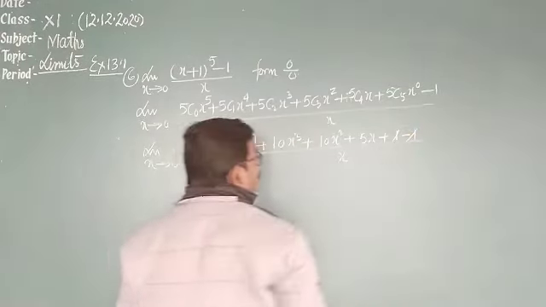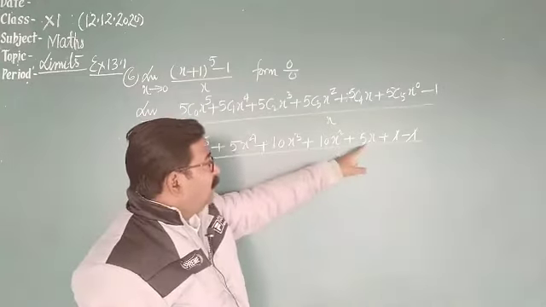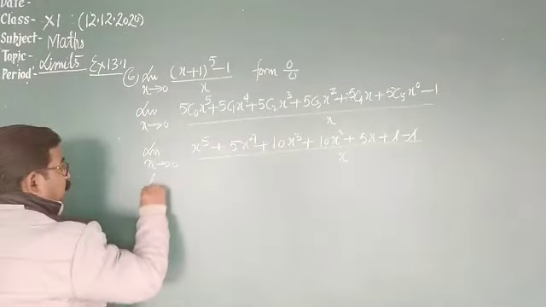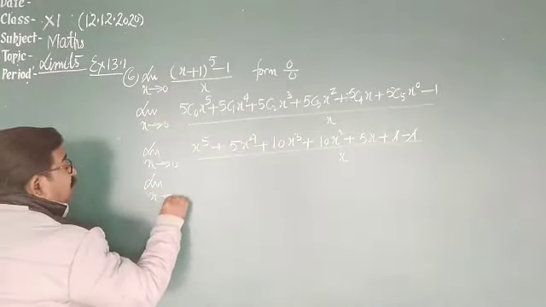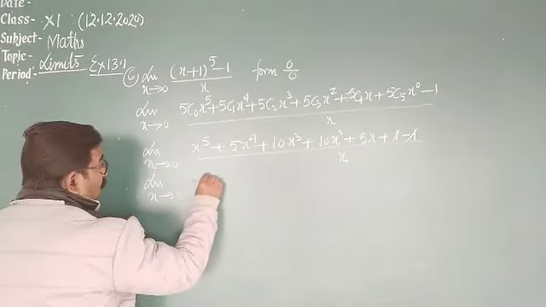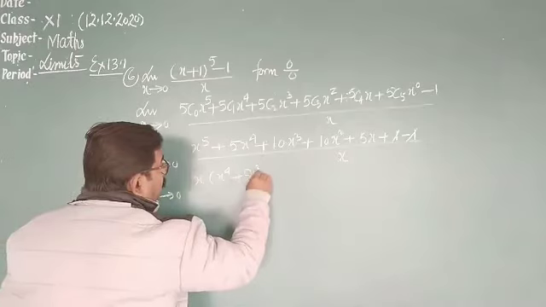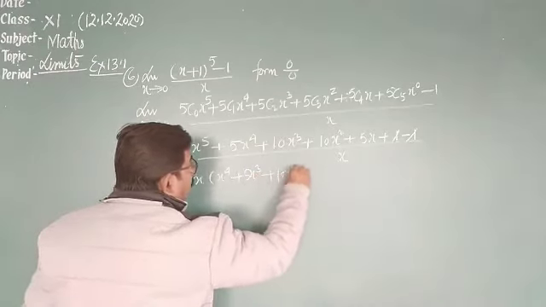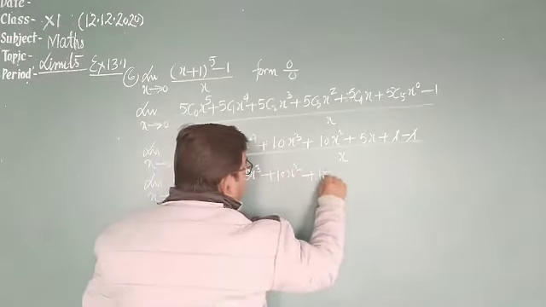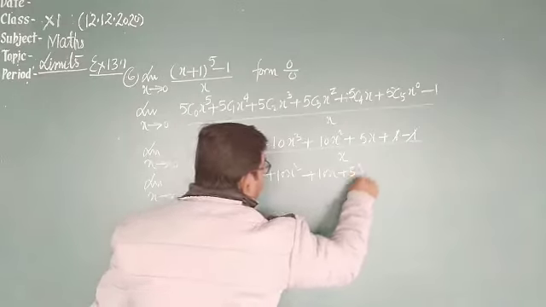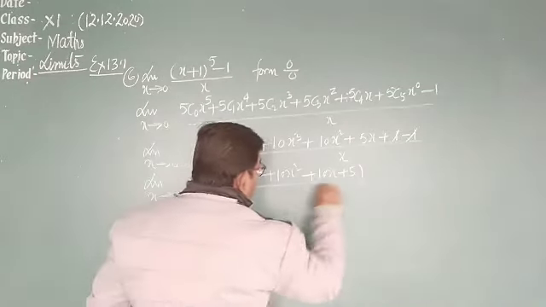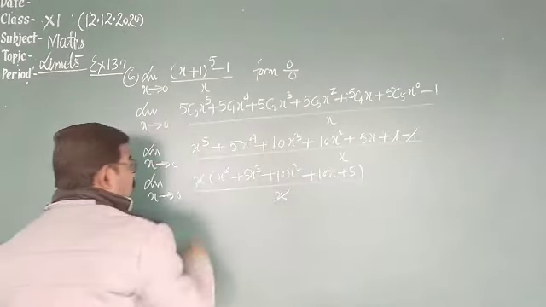This minus 1 plus 1 will go. Here we have x common. Limit x tends to 0, x common, we have (x to the power 4 plus 5x cube plus 10x square plus 10x plus 5) upon x. This x and x will go.